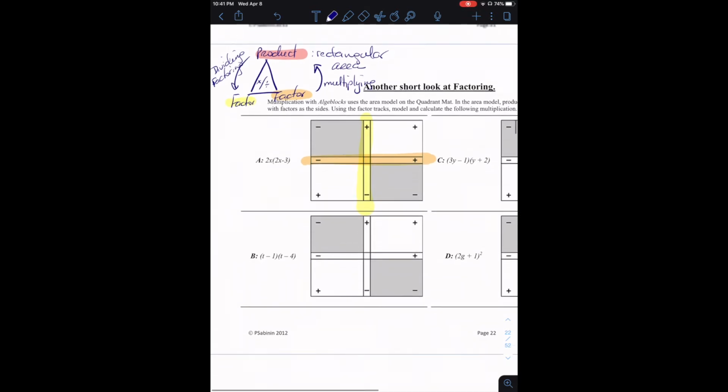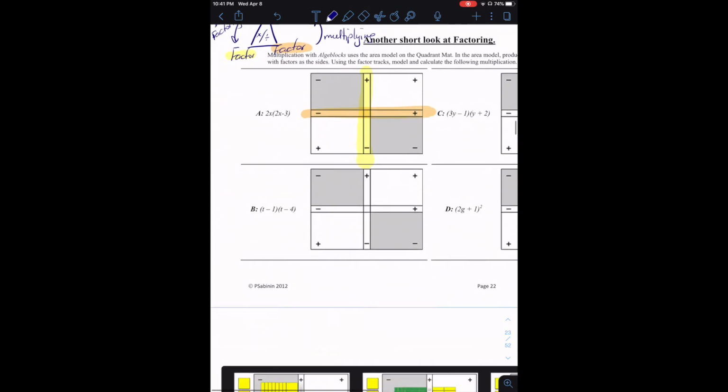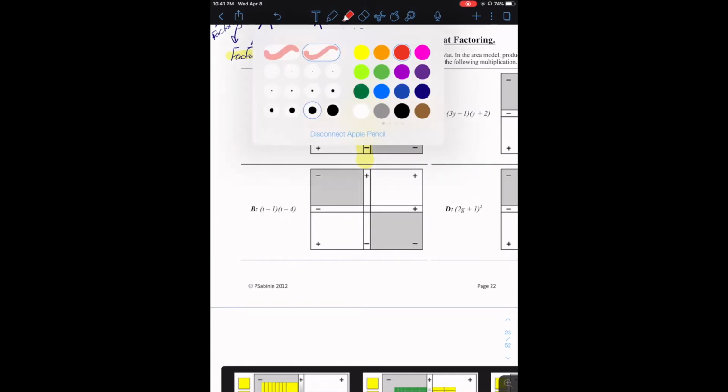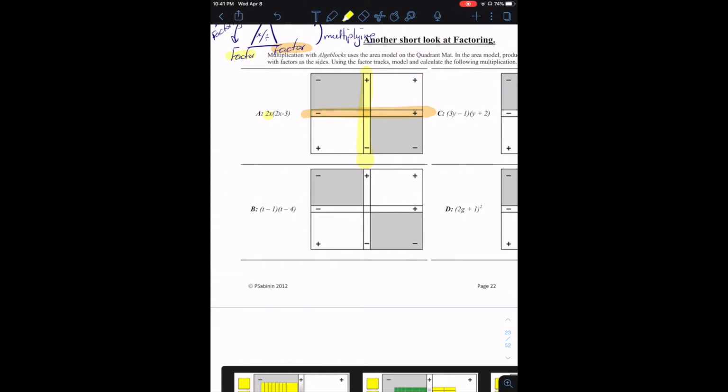Just a couple of quick reminders about the multiplication. So let's say we have 2x times 2x minus 3. So 2x is our vertical factor, and 2x minus 3 we'll use as our horizontal factor.